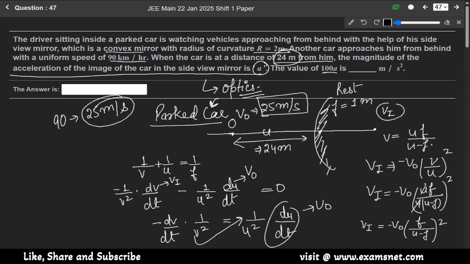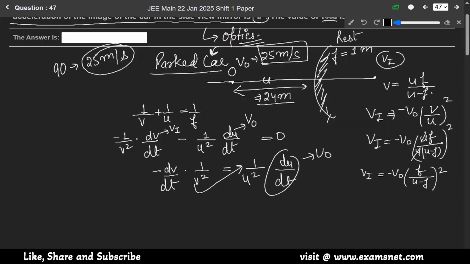F is 1 meter and U is minus 24 meter, since it is in this direction. So minus 24 minus 1, whole square.